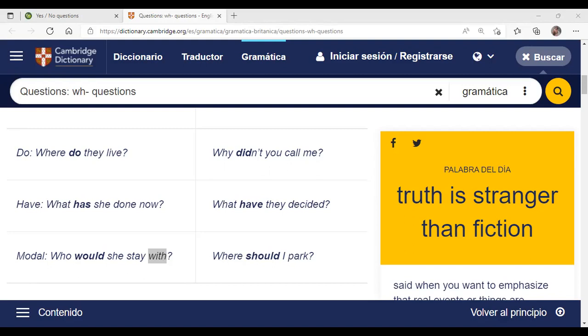I worry about money, I worry about my studies, I worry about my health, me preocupo por mi salud. Y, por ejemplo, ¿con quién hablas más en tu familia? Who do you talk with more? ¿Con quién hablas más?